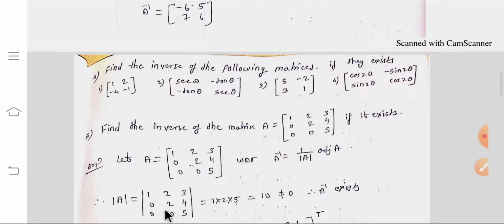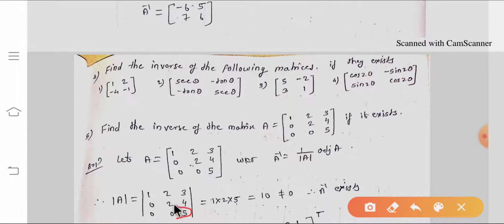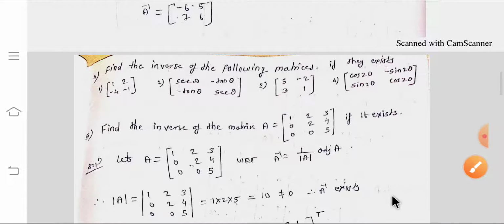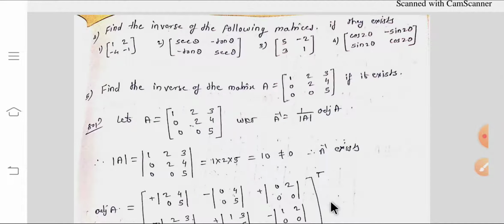So if a given matrix is upper triangular, then the value of the determinant is nothing but the product of the principal diagonal elements. That is 1 into 2 into 5, which equals 10, not equal to 0. Therefore the given matrix is non-singular, hence the inverse exists.